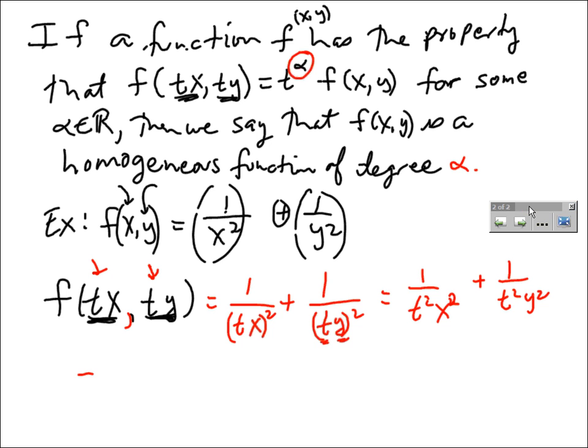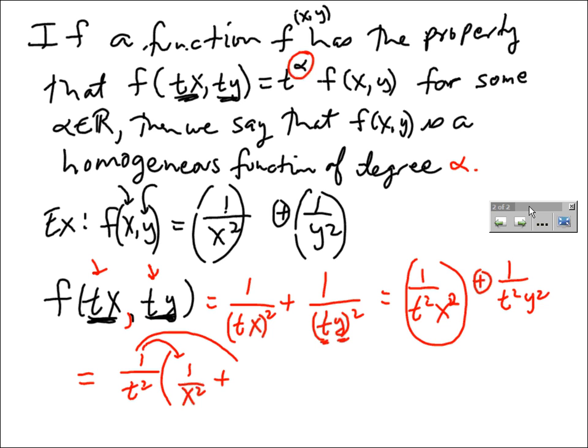Now, it turns out that the 1 over t squared is common. 1 over t squared times 1 over x squared gives me this. Plus 1 over t squared times 1 over y squared gives me this. So this part I'm just going to rewrite differently.